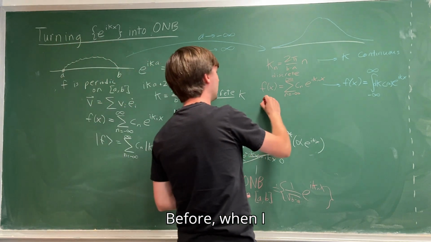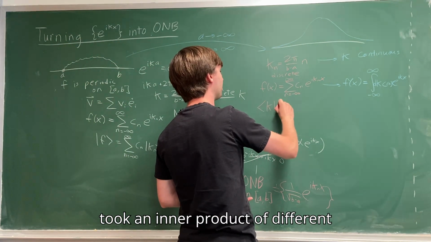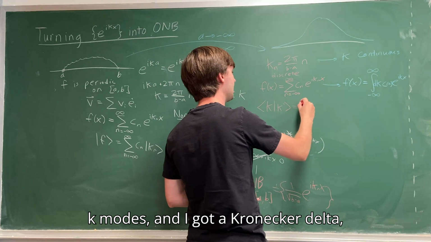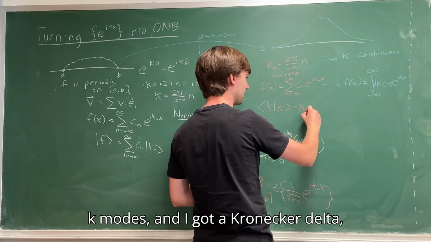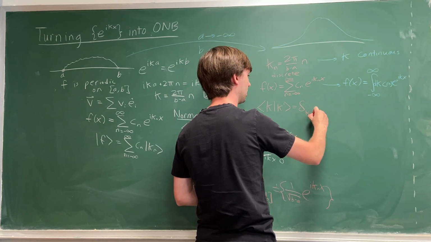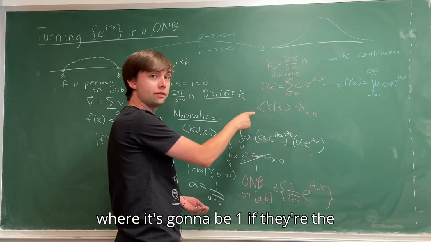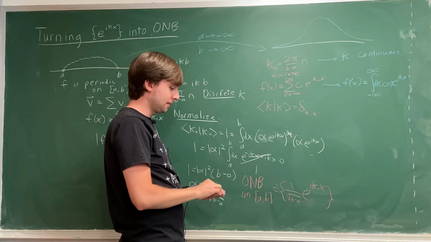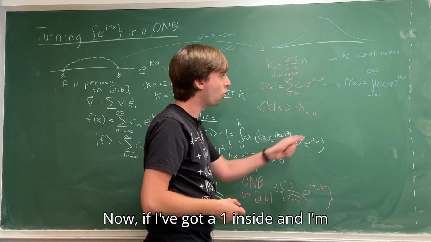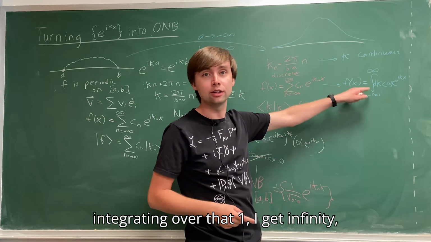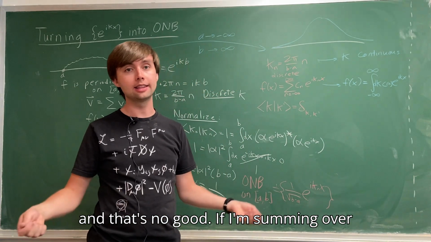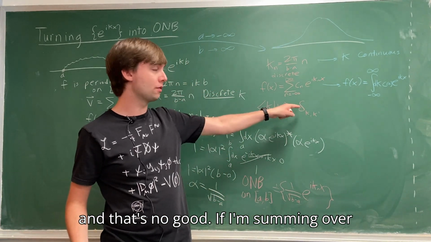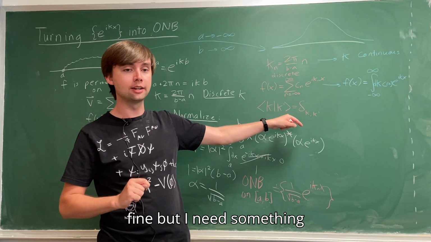Before, when I took an inner product of different k modes, I got a Kronecker delta, where it's going to be 1 if they're the same and 0 otherwise. Now, if I've got a 1 inside and I'm integrating over that 1, I get infinity, and that's no good. If I'm summing over this, I'm just going to get the 1, and that's fine.